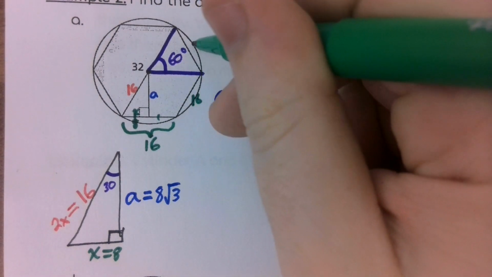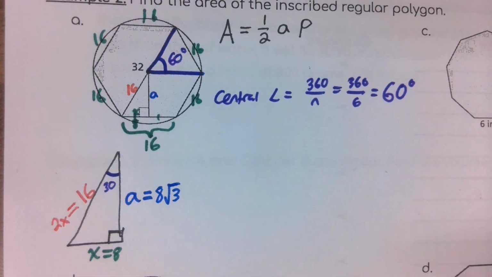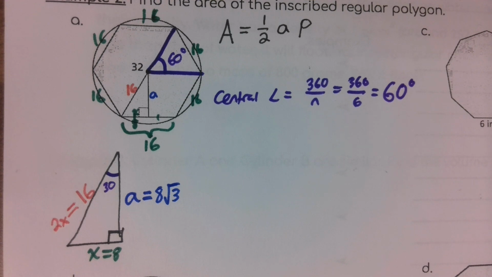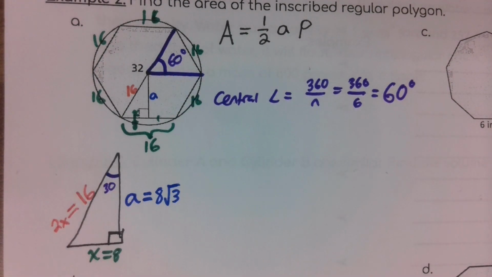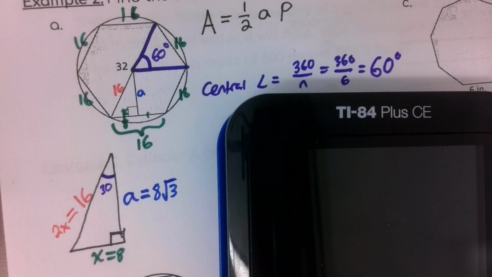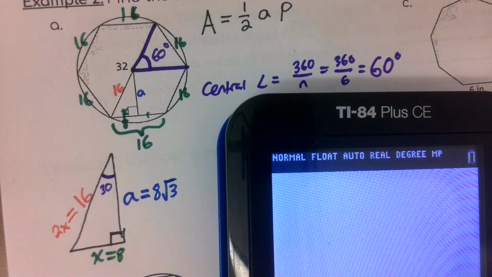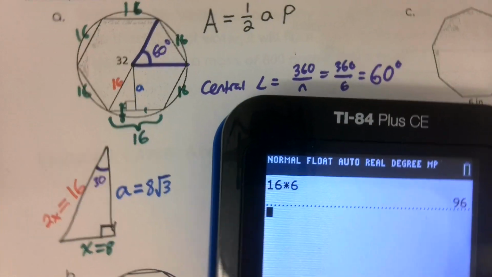So that side's 16, this side's 16, this side's 16, this side's 16, this side's 16, and this side is 16. So the perimeter is just going to be 16 times 6. 6 of them. Let's calculate that perimeter. Our perimeter, 16 times 6, is 96.